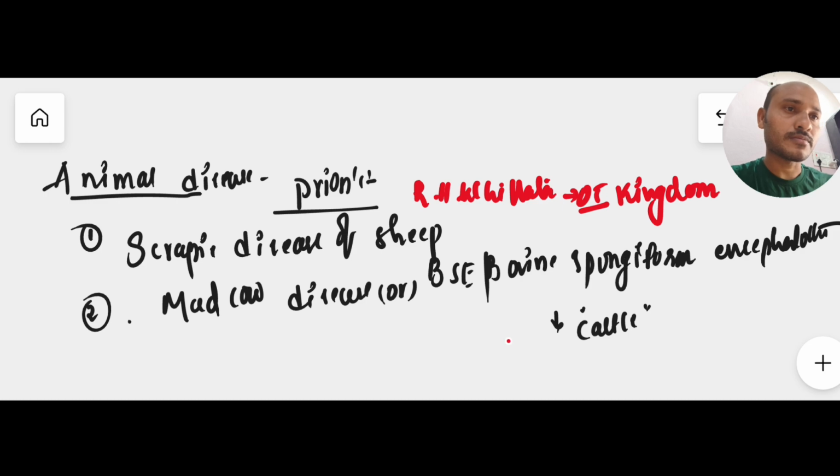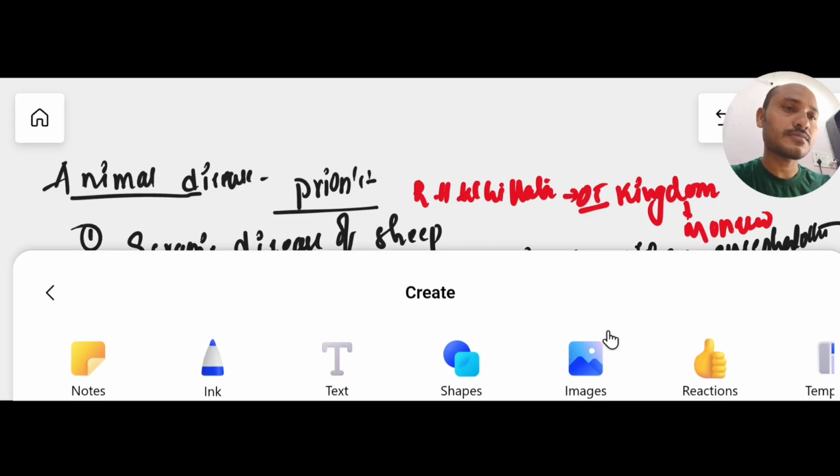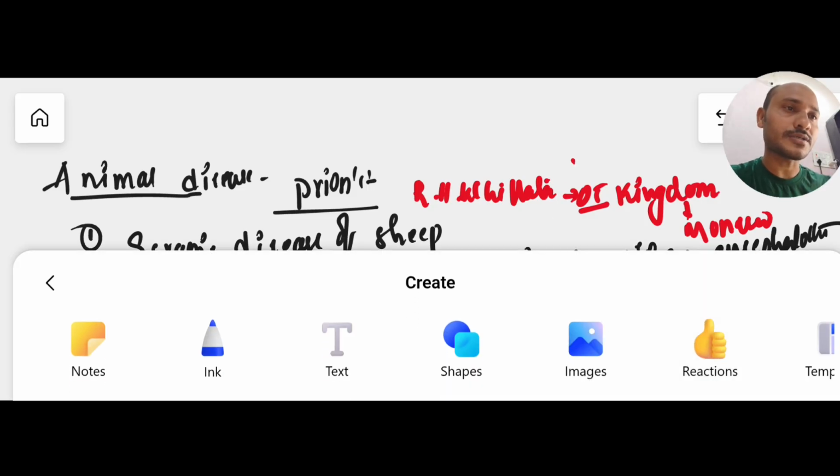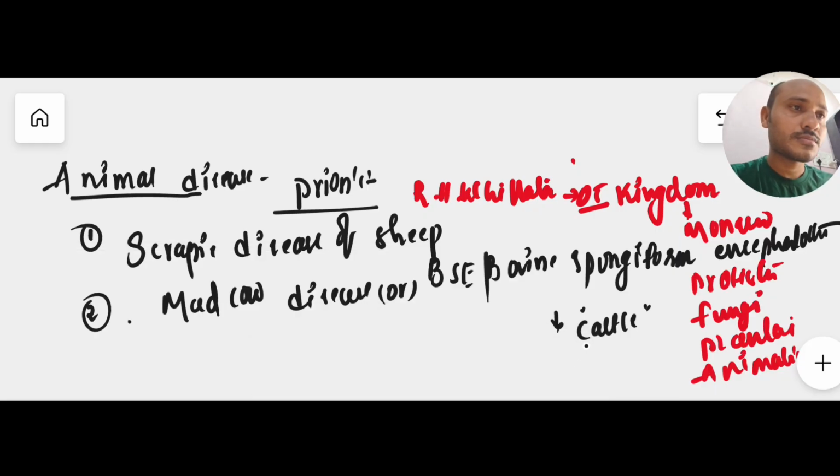The five kingdoms are Monera, second Protista, third Fungi, fourth Plantae, and the last Animalia. These five kingdoms were proposed by R.H. Whittaker.